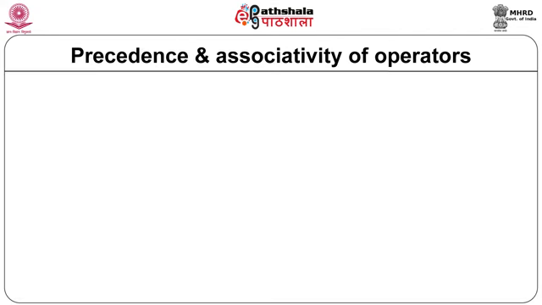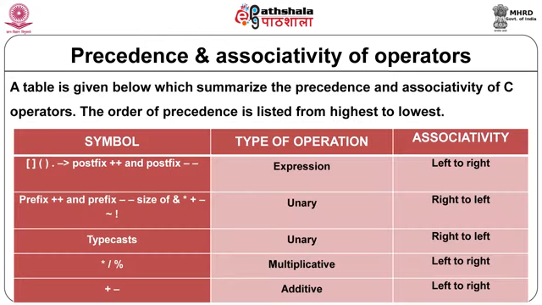Now, precedence and associativity of operators. You can see there are different operations given like expression, unary, multiplicative, additive, etc., and their associativity from left to right. You can see first there is square bracket, then conventional bracket, dot, arrow, postfix and prefix, etc. The expression execution will follow from left to right.